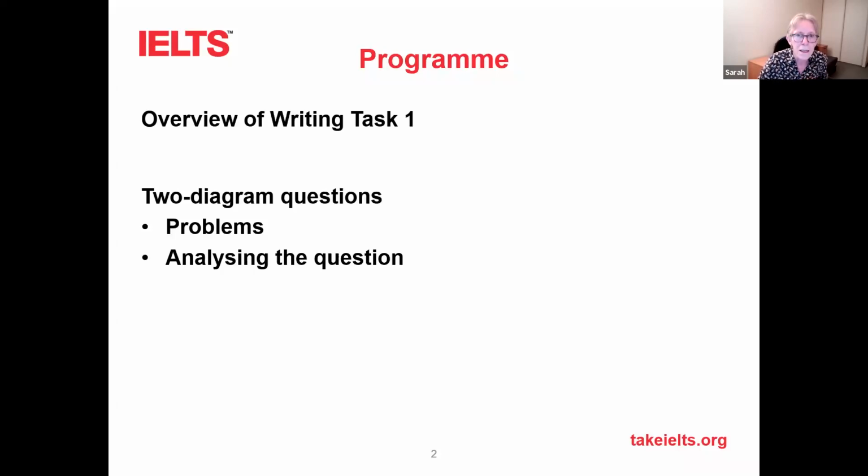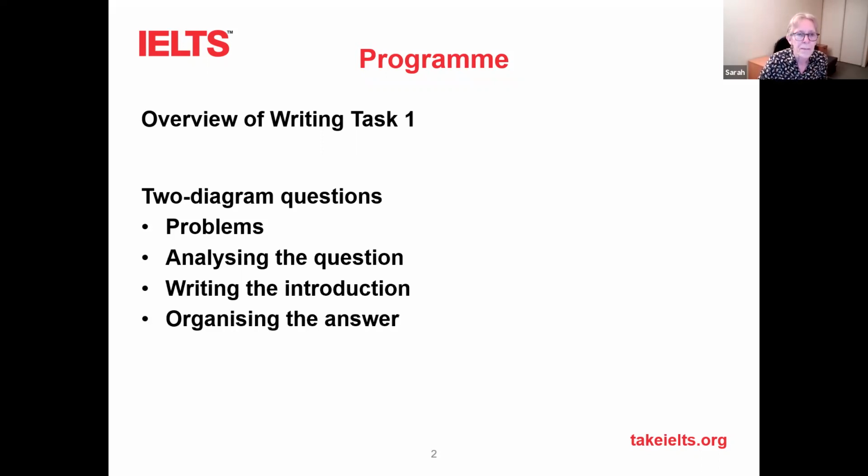We're going to analyse the question, write the introduction, the all-important introduction in Writing Task 1, organise the answer and Q&A, and then I'm going to go through some resources that I hope will be useful for either you, if you're a test taker, or, I notice we've got several teachers with us, resources that teachers can use for themselves and or for their students.